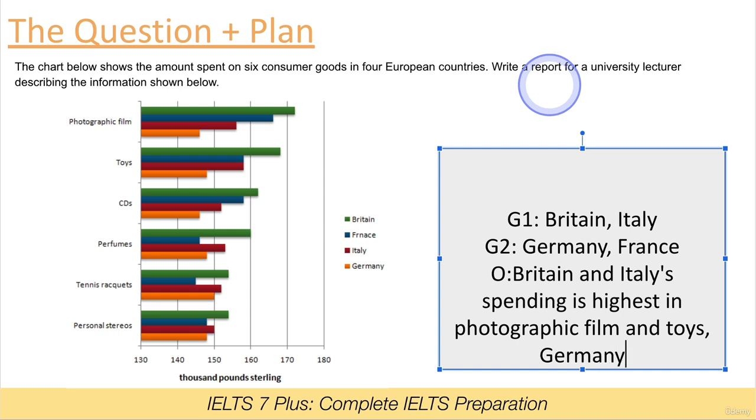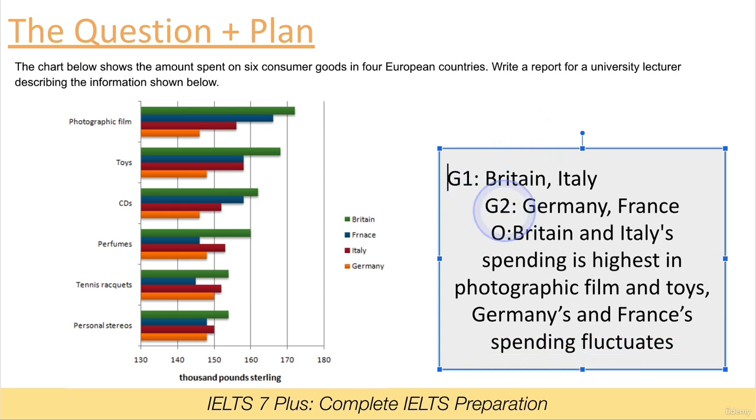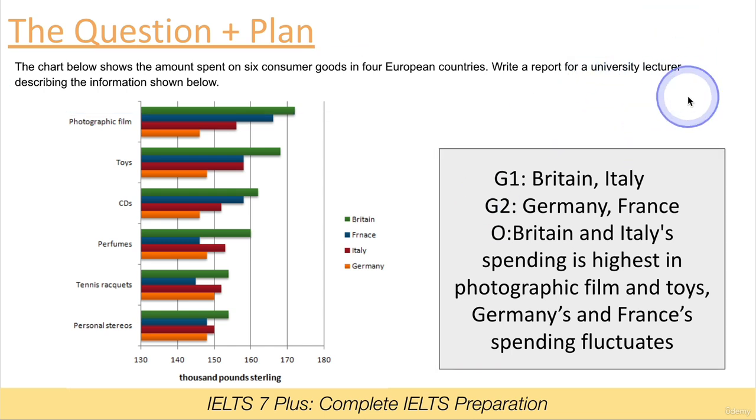And Germany's and France's spending fluctuates. There we go. That's okay. We can take that up a notch. Okay, brilliant. So we've got our logical groups, we've got our overview here.